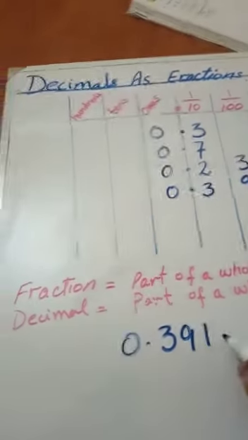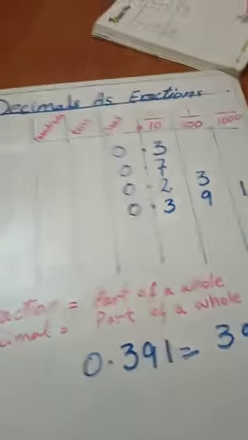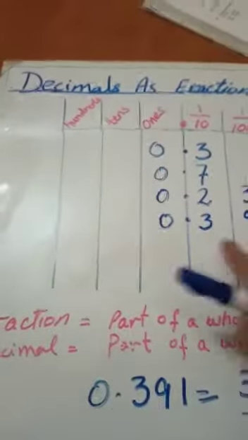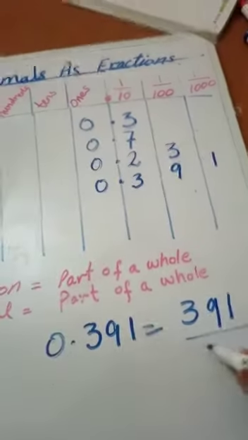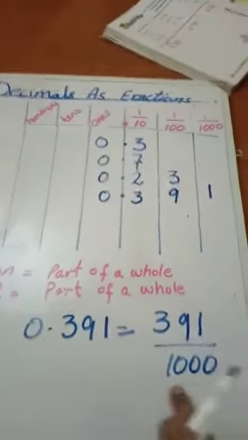So 391 is our numerator and 1000 is our denominator. So 0.391 can be written as 391 over 1000.